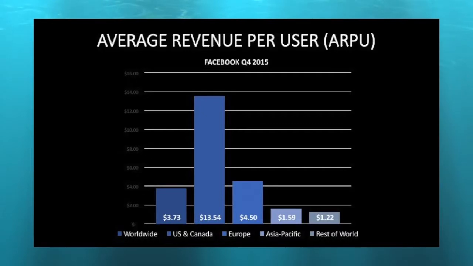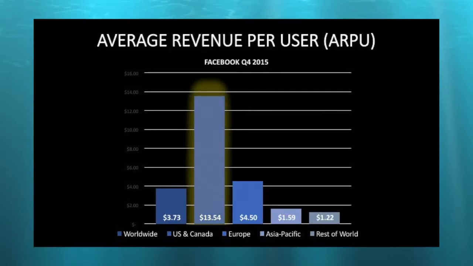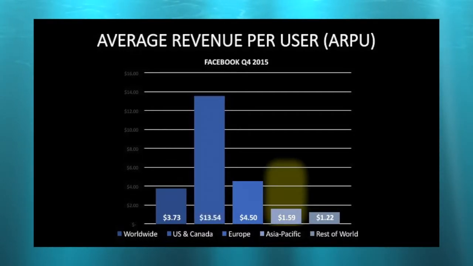There's a metric known as average revenue per user. This is Facebook's fourth quarter 2015 average revenue per user. In the US and Canada, $13.54. In the Asia Pacific, $1.59. Europe, $4.50. Take these numbers and you go, okay, well, why are they different?